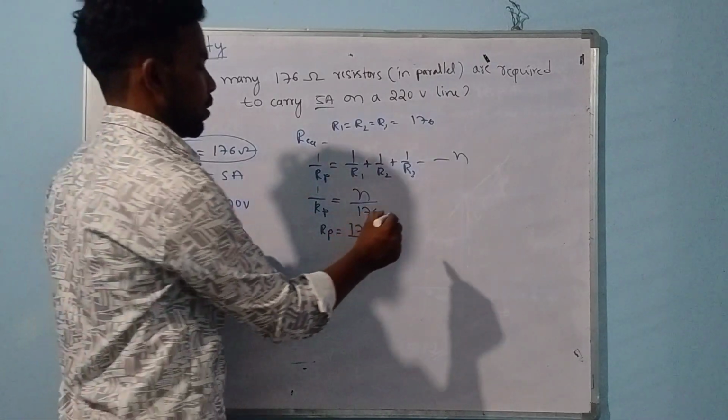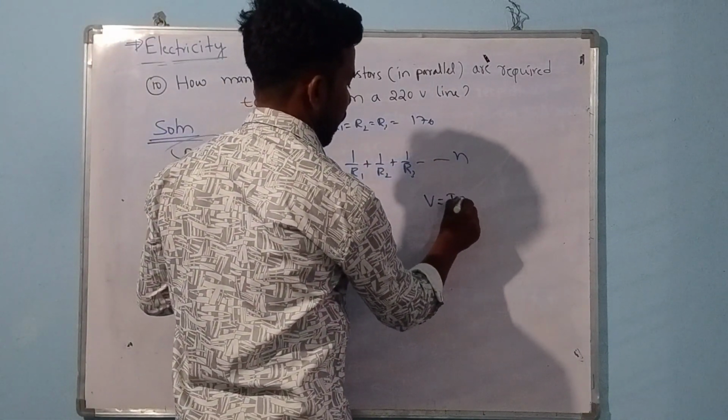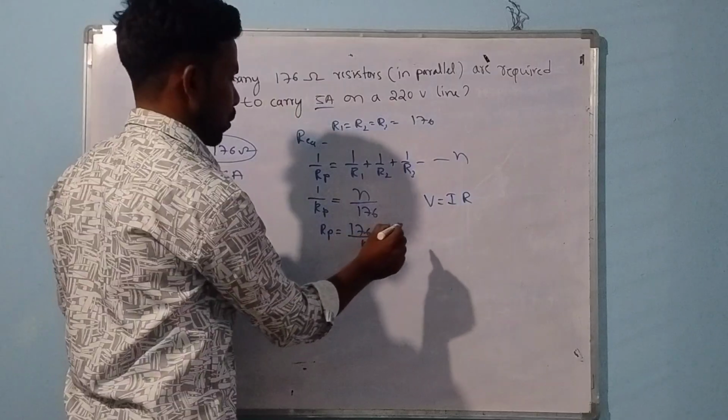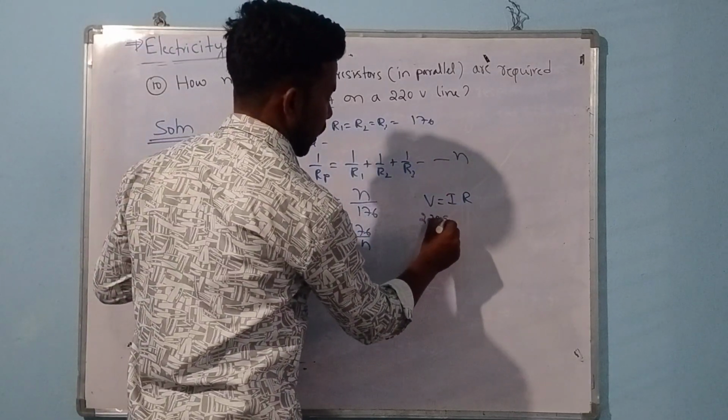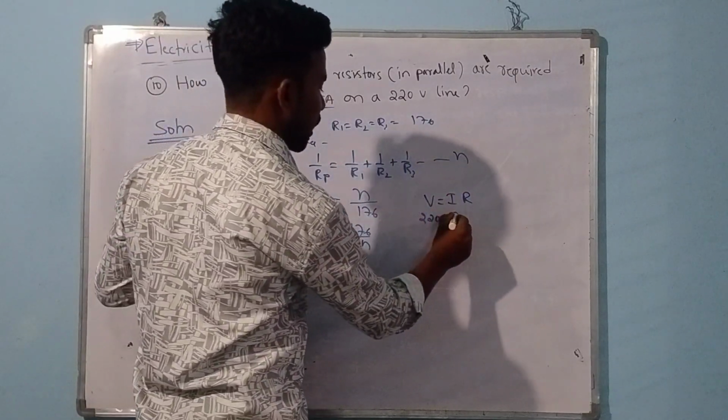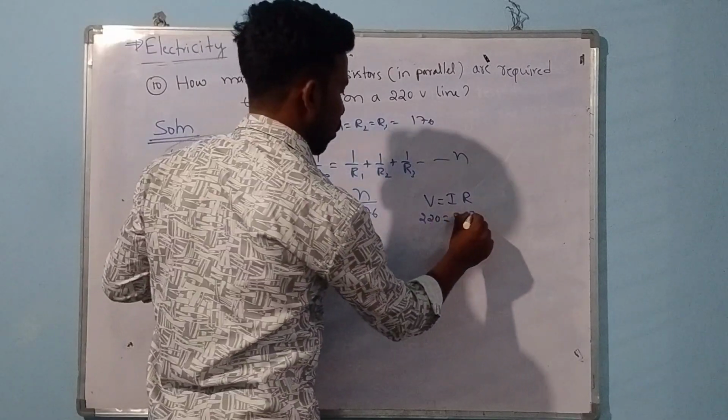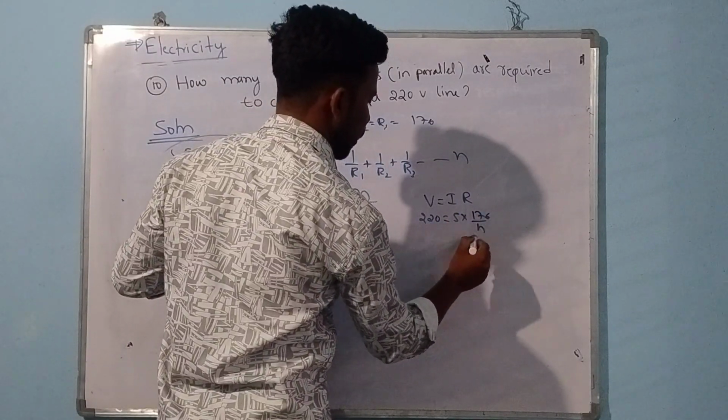Now apply Ohm's law. V is equal to IR. V is 220, I is 5 ampere, R is 176 by n. I want n.